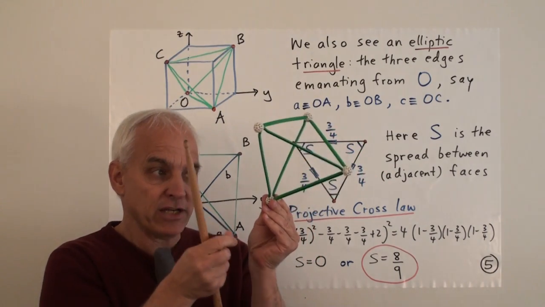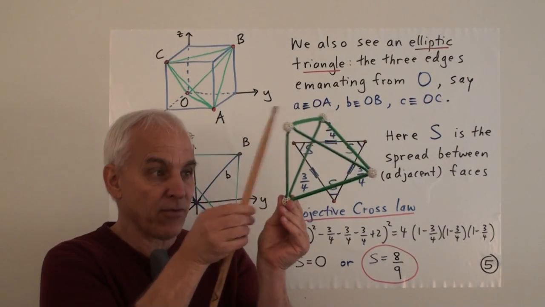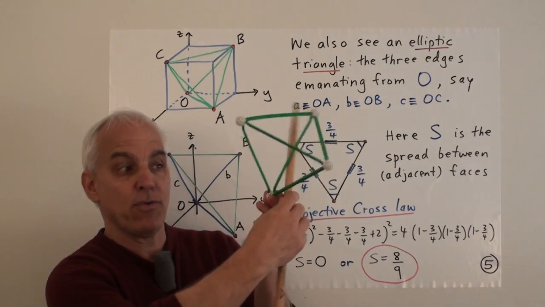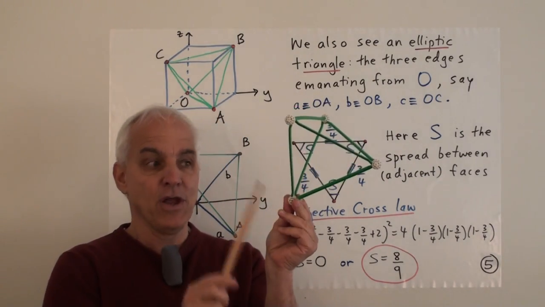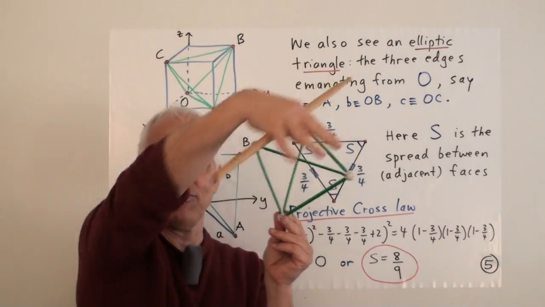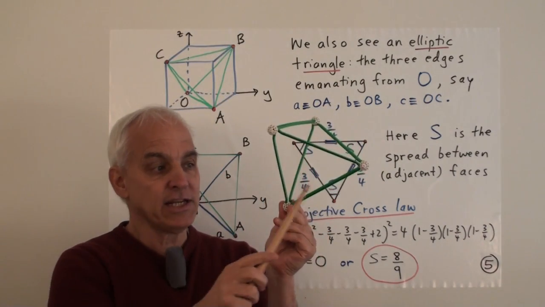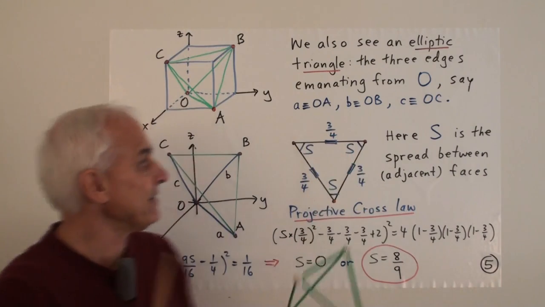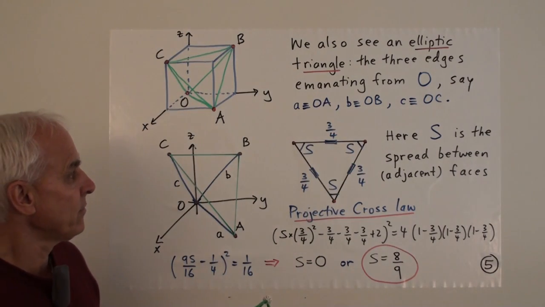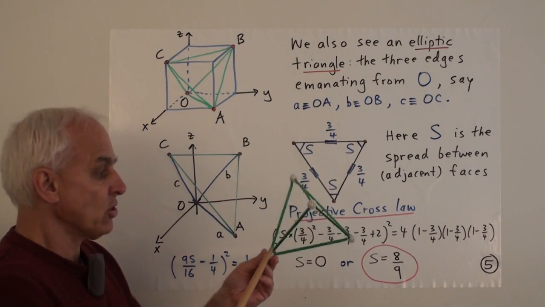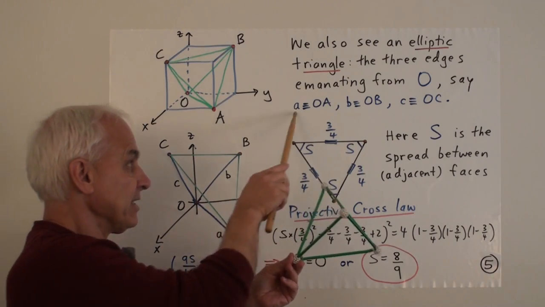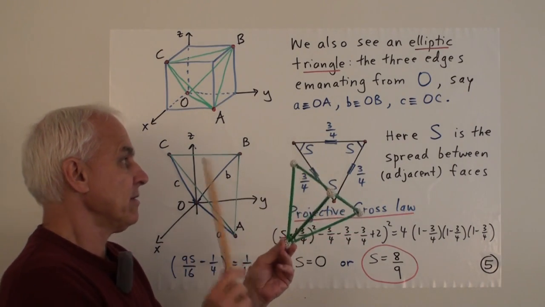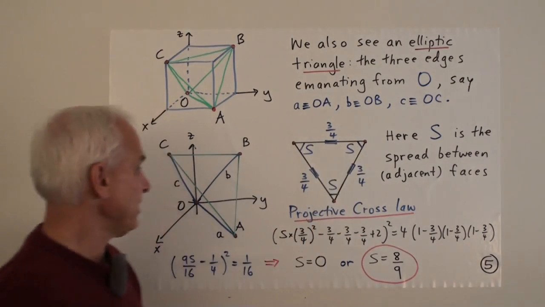It's basically a projective situation where you have one point and you have 3 lines through that particular point. So those three lines, if we forget about the rest of the object, just these three lines together form an elliptic triangle. So we can call these edges OA, which is just little a, and OB and OC represented by little b and little c.